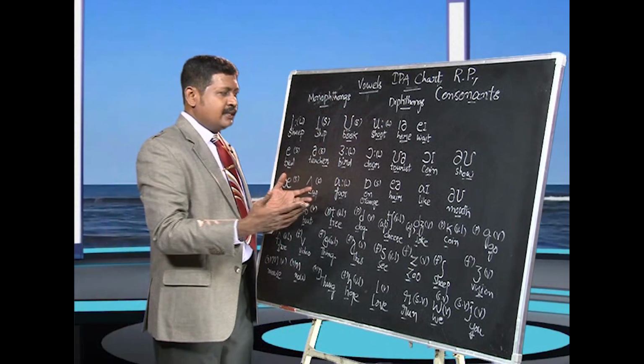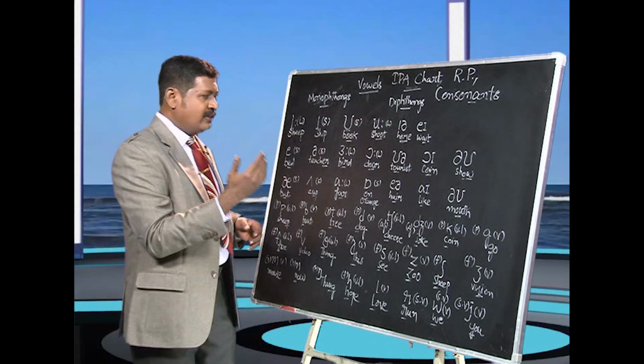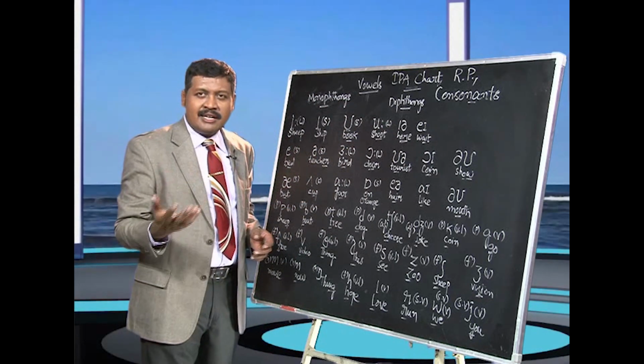So viewers, with the help of these vowel sounds, we decide whether to use the indefinite article an or a depending on the vowel sound. For example, hour, H-O-U-R, we always say an hour. It is not a hour, because in that H we have a vowel sound.